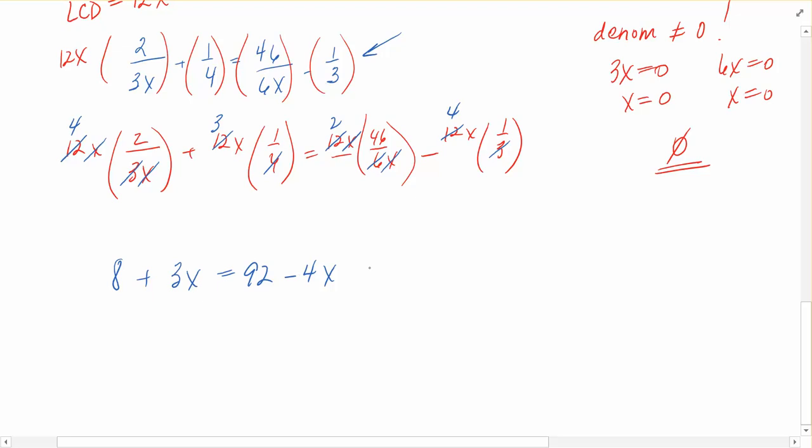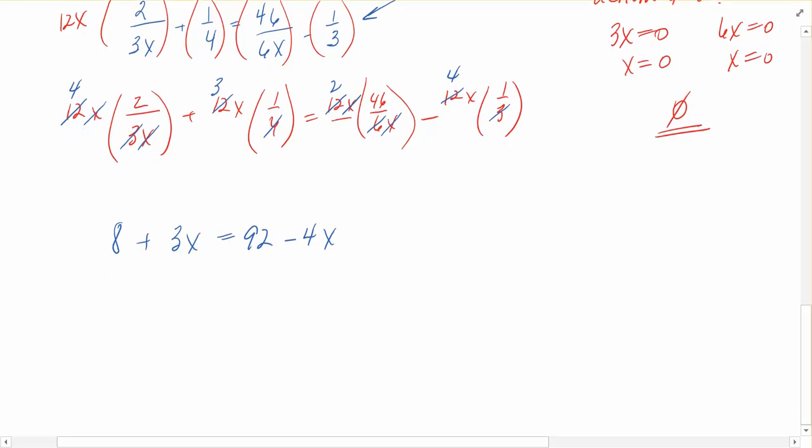So I'm going to collect all of my variables on the same side. I'm going to add 4x to the left-hand side, and that's going to give me 8 plus 7x is equal to 92. And then I'm going to subtract 8 from the right-hand side, and I get 7x is equal to 84.